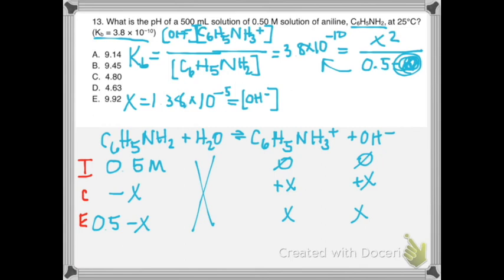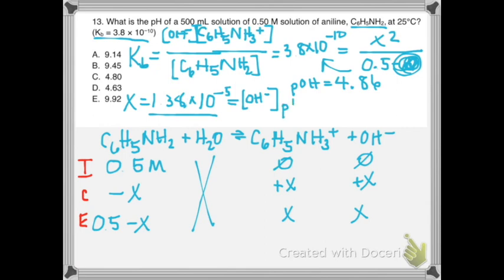And from that, we can easily get the pOH by taking the negative log of this value and find that pOH is equal to 4.86.